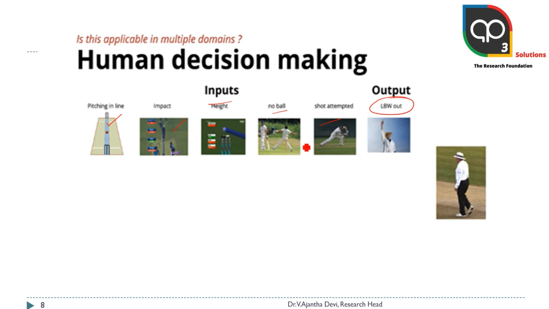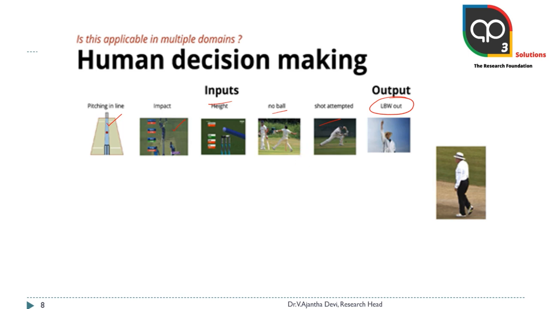These factors act as input for the umpire to make the decision. In fact, a lot of us are not trained umpires, but we have watched a lot of cricket matches, and based on that experience, a lot of us also become expert at this decision.